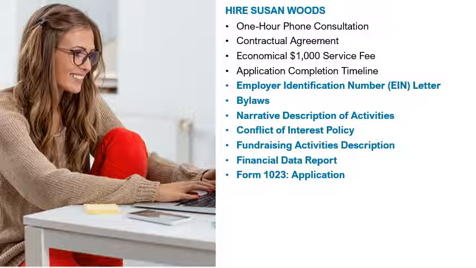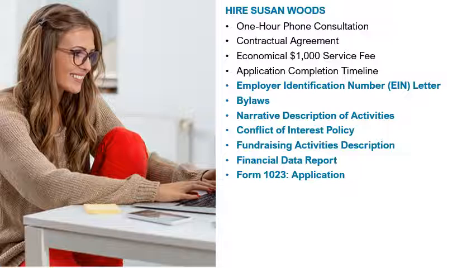Then I complete the Form 1023 application for recognition of exemption, and this is the official form that the IRS requires all nonprofit organizations to complete. It includes 28 pages of information that needs to be completed, and I complete that application for you.